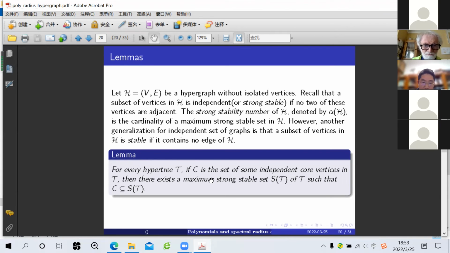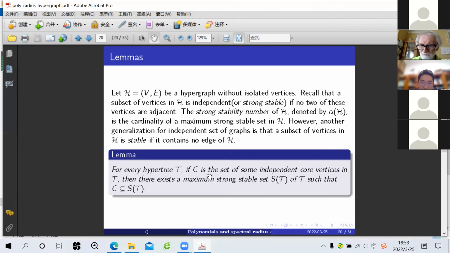For every hypertree T, if C is a set of some independent core vertices in T, then there exists a maximum strong stable set. Strong stable set: a subset of vertices is strong stable or independent if no two of these vertices are adjacent.